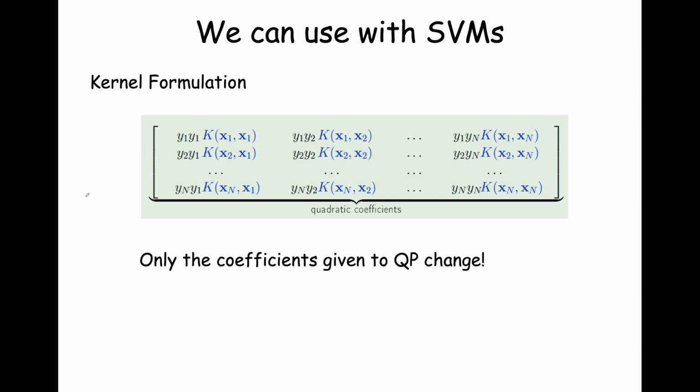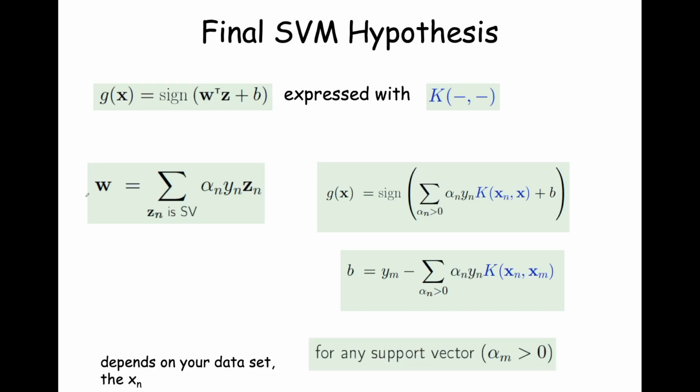And because we use the kernel trick, we get the benefit of a highly nonlinear feature space and therefore highly nonlinear decision boundaries and hypotheses, but we don't pay the cost of transforming to z-space and doing the inner product in z-space. Okay, and so this is our result. Once we get our final SVM hypothesis using the kernel, well, we know what our kernel function is.